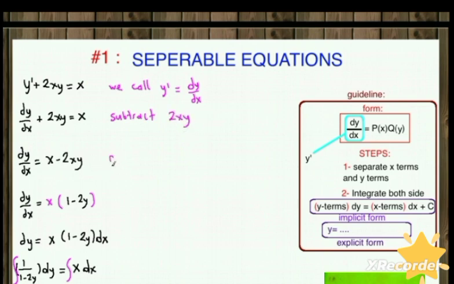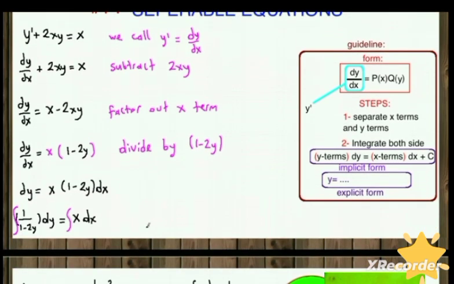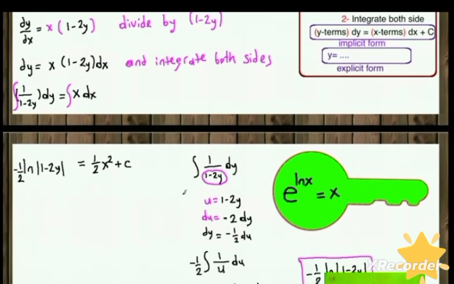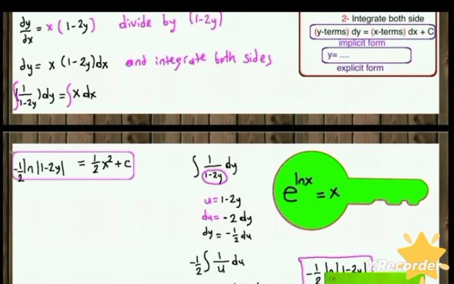And then we factored out the x term, and then we divided both sides by 1 minus 2y, and we started integrating. Now let's continue. So this is our implicit form.